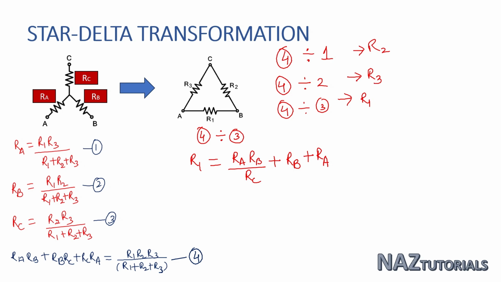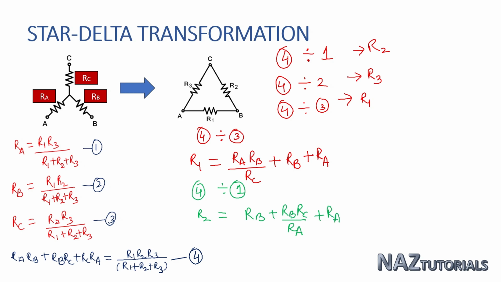Now for R2, equation 4 is divided by equation 1. Now you will get the formula for R2. You can see 4 divided by 1, you will get R2, so R2 is equal to RB plus RC plus RCRA divided by RA.